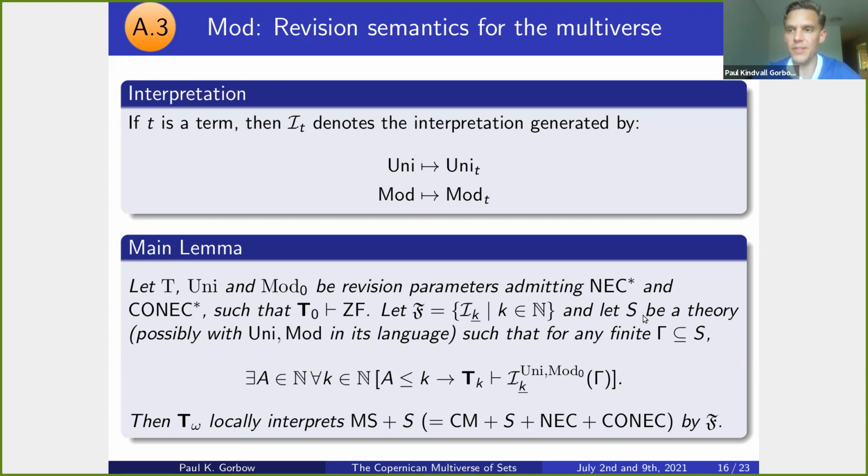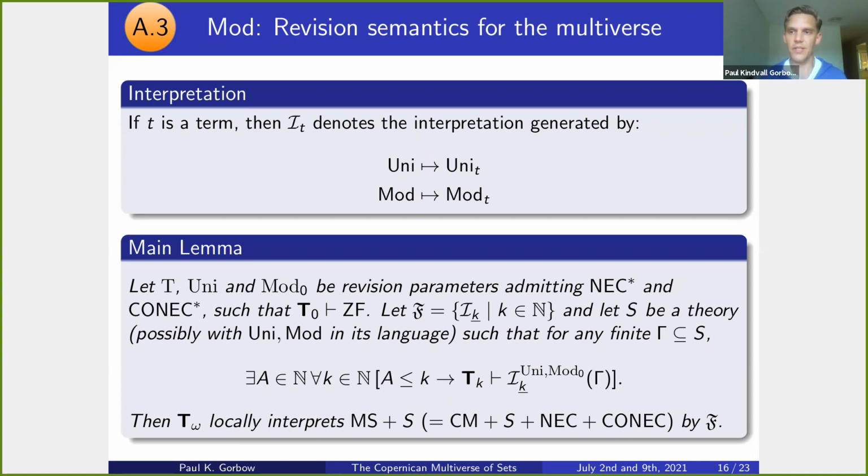which in the end gets interpreted, and that's where you put additional multiverse axioms that involve the new predicate, in particular mod. So the main thing that is being done in this work is that we introduce this untyped models relation.